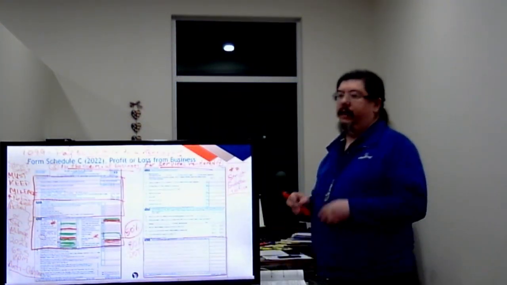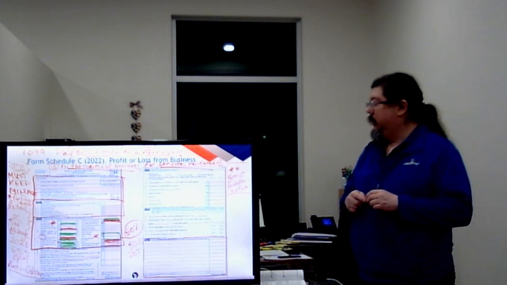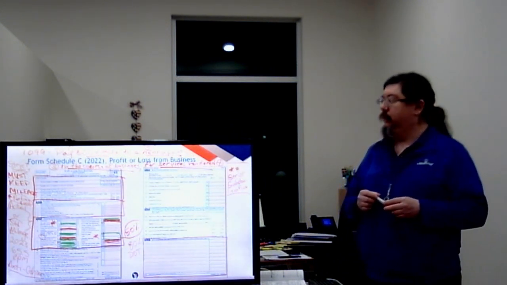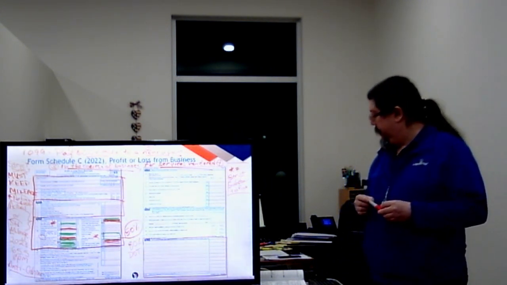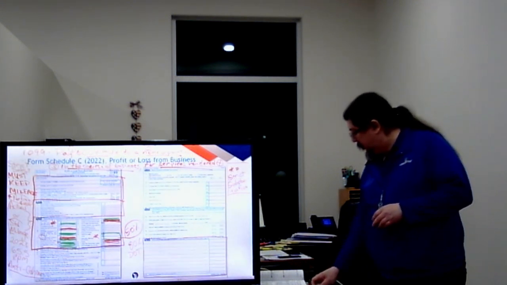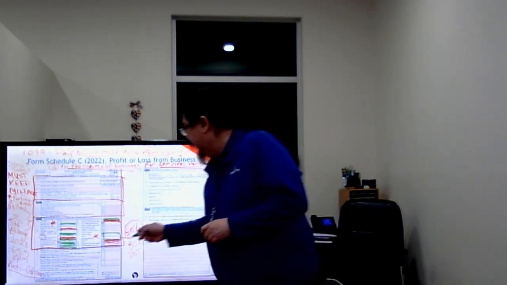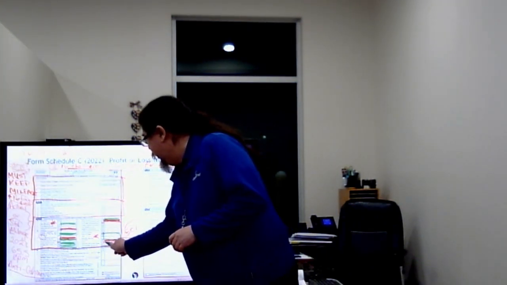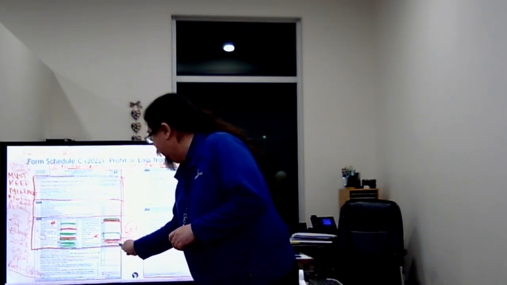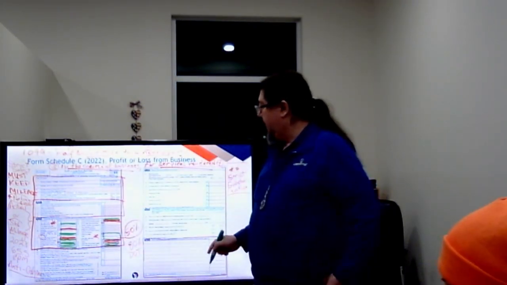Okay, and then wages are pretty rare. Most of our clients don't have employees of their own, and so this is wages that you pay to your employees. We never count the business owner as an employee for a sole proprietorship. And finally, we have line 27, which is other expenses. Anything that doesn't fit into one of these previous categories, we can list here on Part 4.